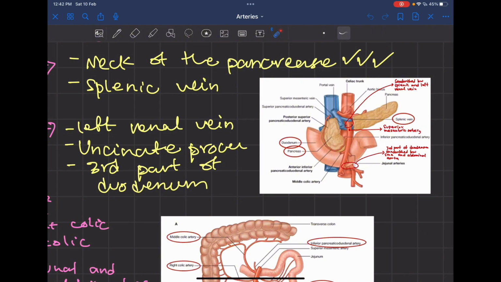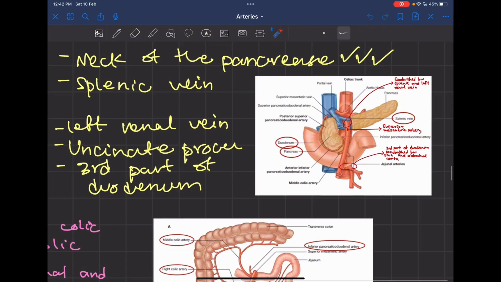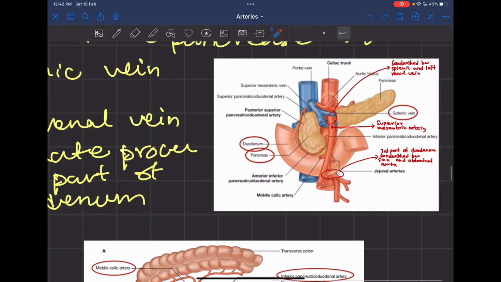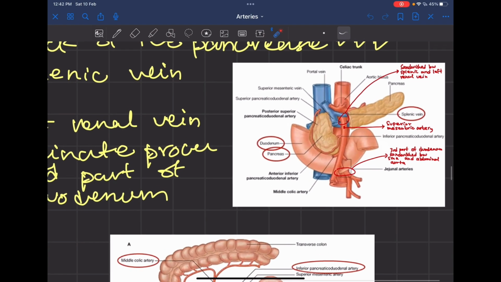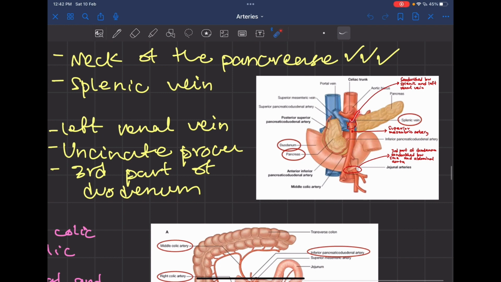And as you can see here also, the uncinate process of the pancreas is behind the superior mesenteric artery. And then this is the third part of the duodenum, and it's very clear that it is a posterior relation to the superior mesenteric artery. Now, for the sake of easiness, you can remember that the superior mesenteric artery is sandwiched between two veins. Our first vein is the splenic vein, and then the left renal vein, and between them is the superior mesenteric artery.